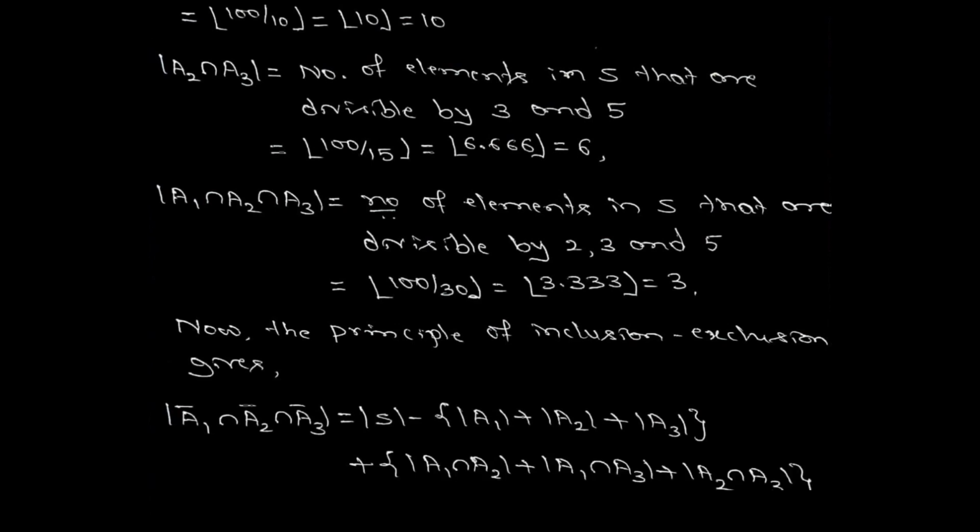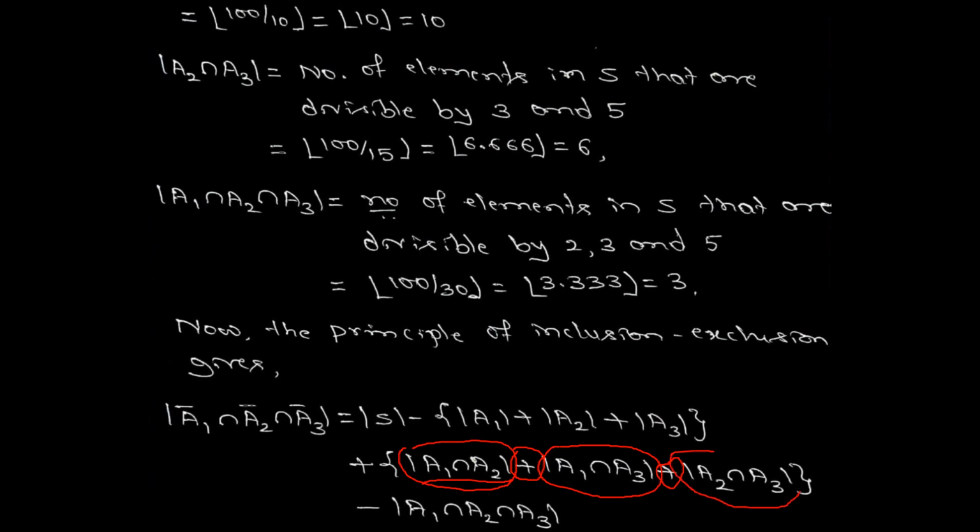Plus the summation of cardinality of two possibilities, that means the cardinality of intersection of A1, A2, the cardinality of intersection of A1, A3, and the cardinality of intersection of A2, A3.